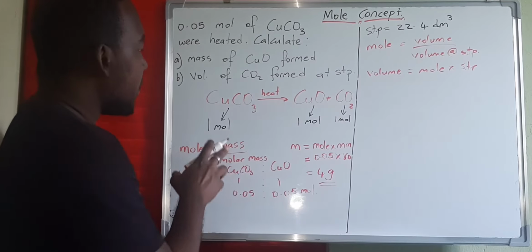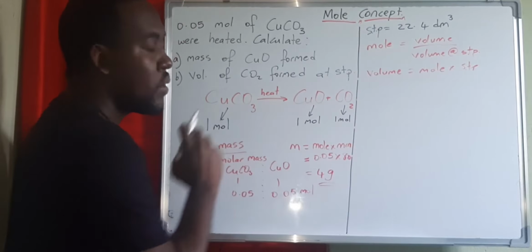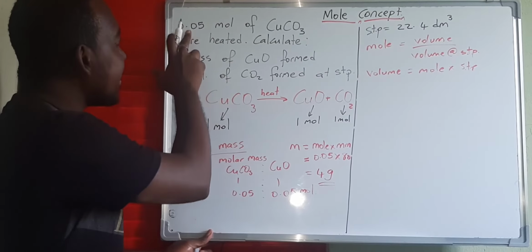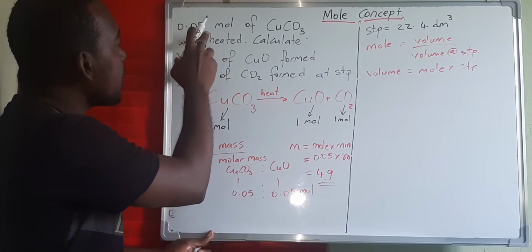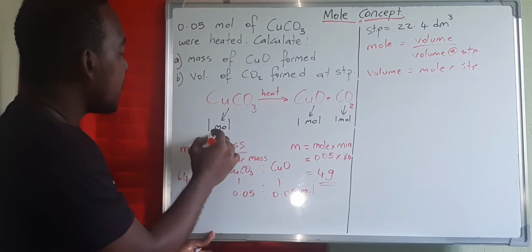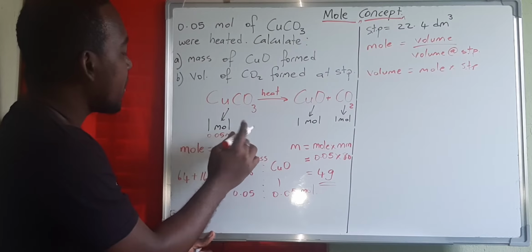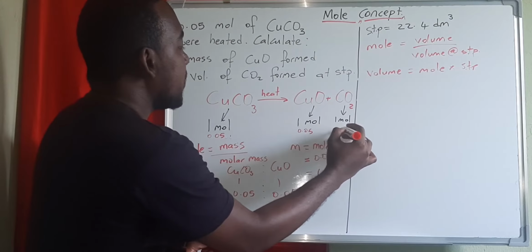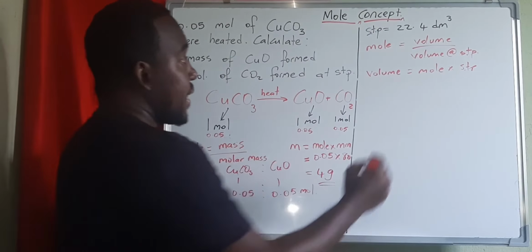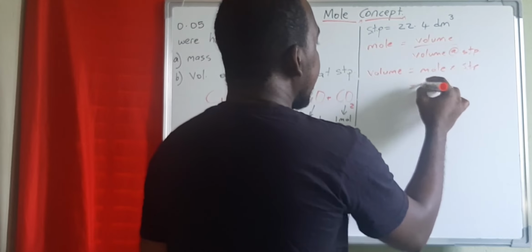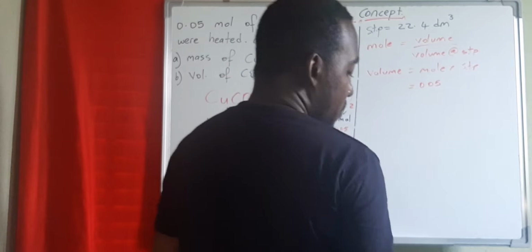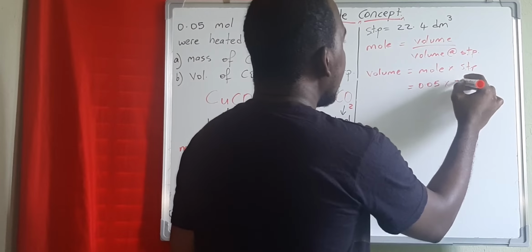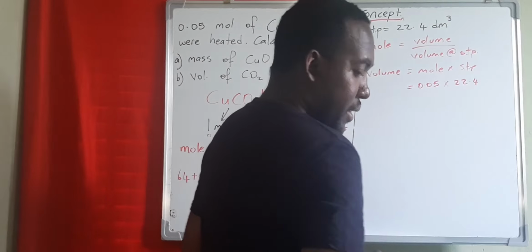Remember, we noticed that it's a 1-to-1 ratio for everything. In this case, it's not 1 mole but 0.05 mole. So if it's 0.05 mole here, then it's 0.05 mole there, and also 0.05 mole there. That means the mole of carbon dioxide is 0.05 mole, and the STP volume is 22.4 dm cube.